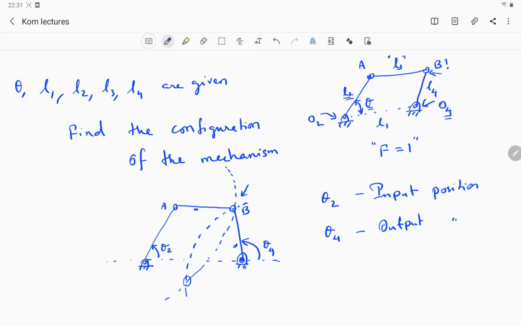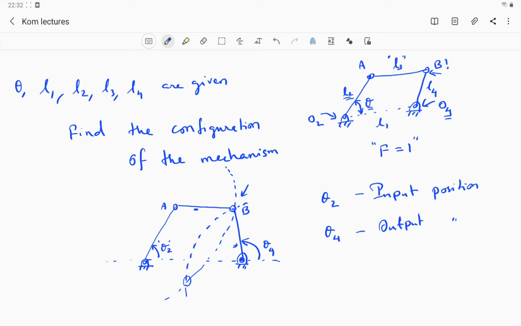So sometimes we may need to know the output position of this mechanism or this particular link, for a given input, which is theta 2. That could be one kind of question which we need to answer.